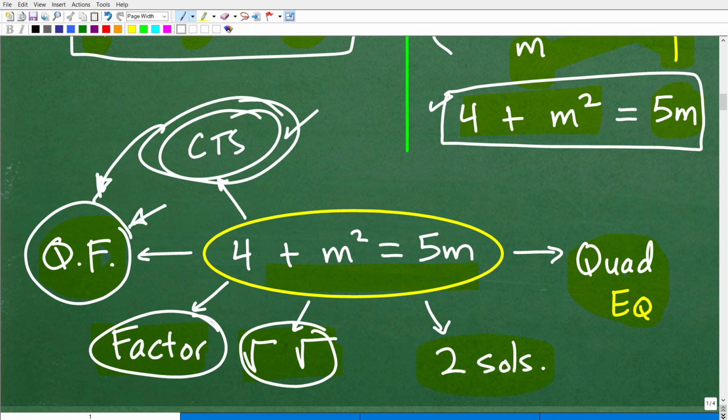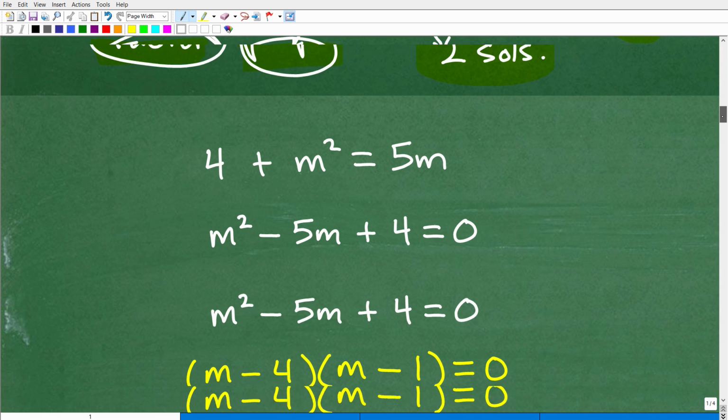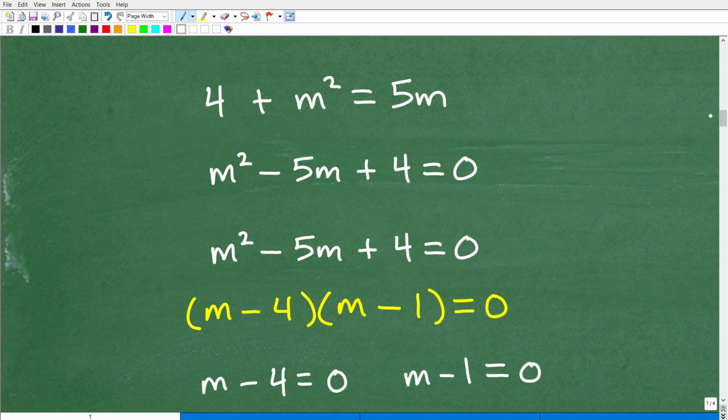Okay, so let's go ahead and get into this thing right now. And before you do anything, when it comes to quadratic equations, if you have that middle term, wherever we had m squared and m, if you have something in the middle, you're going to have a number. In this case, it would be 4. So if you have a trinomial situation, you want to get everything to the left-hand side of the equation. You want to set it equal to 0.